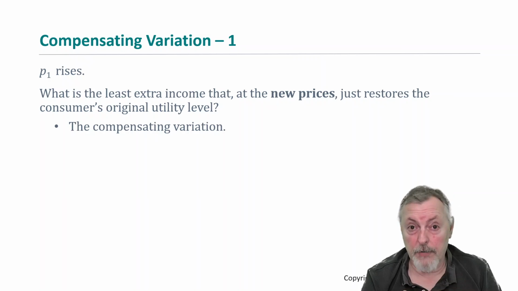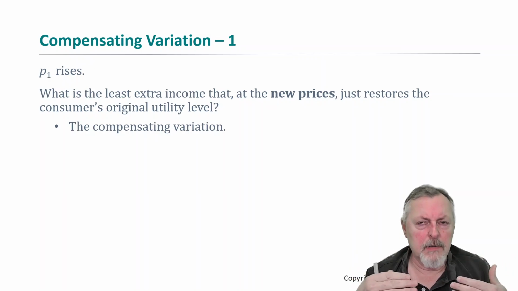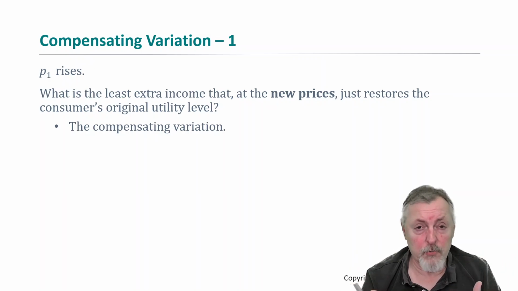You're going to be worse off, assuming you purchased any of it. How much money would I have to give you so that you'd be equally good off as you were before the price change, to compensate you for the price change?